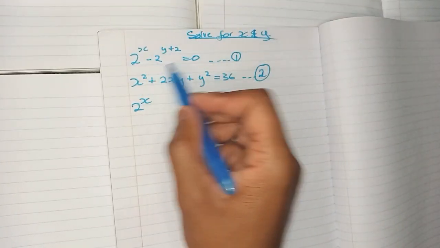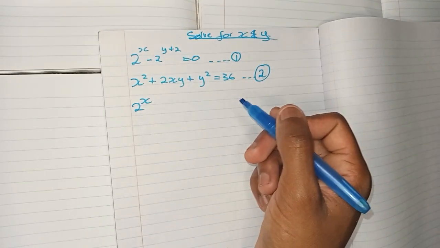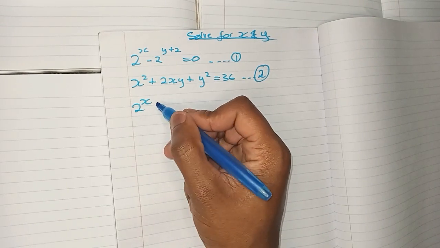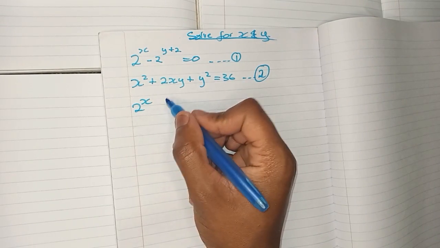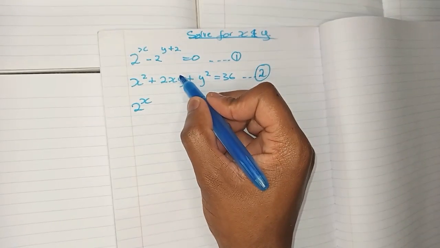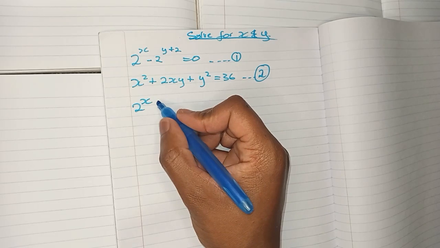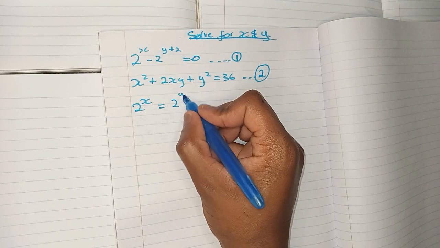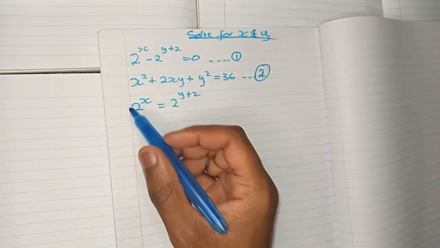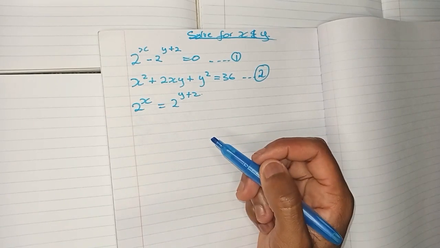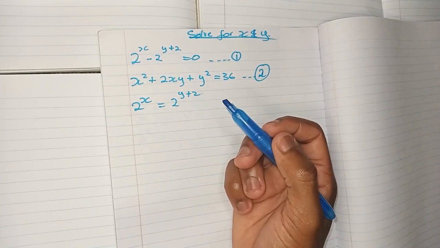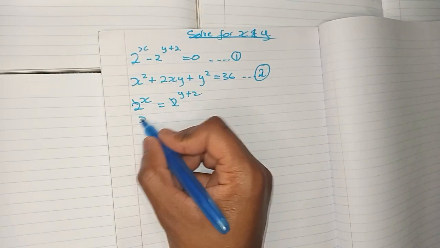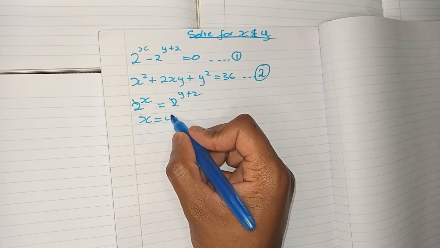So from equation 1 I'm just gonna make x the subject of the formula, right? 2^x, so for this part I'm actually going to transpose it to the other side. 2^x is equal to 2^(y+2), and then I'm just going to equate the exponents simply because the bases are the same, right? So yeah, let me do that. If the bases are the same, you can actually equate the exponents, say y plus 2.